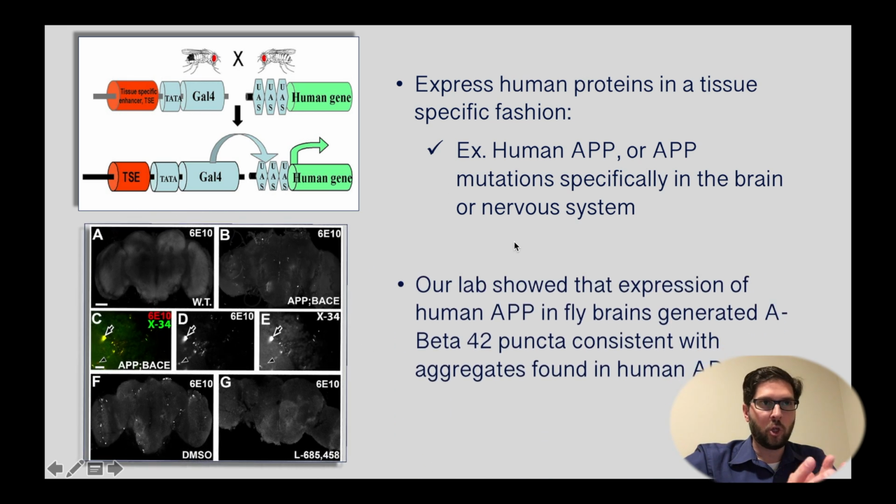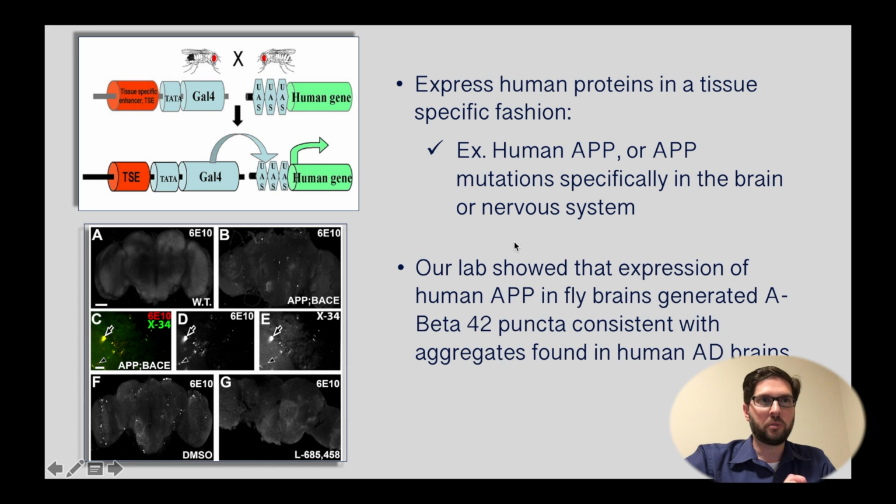When we express human APP specifically in the adult Drosophila nervous system, we've been able to show that we're able to generate flies that produce A-beta 42 puncta, which are consistent with aggregates found in human Alzheimer's disease brains.